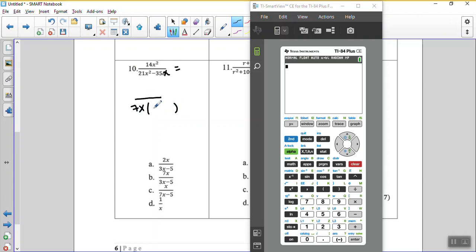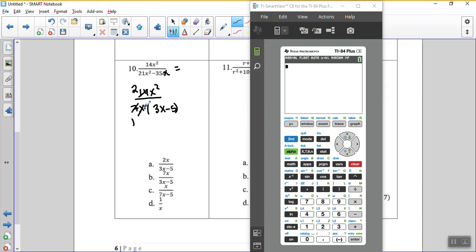So 21 divided by 7 is 3, and then you have your x squared, and if you take out an x, you just have x by itself. And 35 divided by 7 is 5, and then you have x. In the numerator, I have 14x squared. Now that I have it in factored form, I can try to simplify this. 7 goes into 14 two times, 7 goes into 7 once.